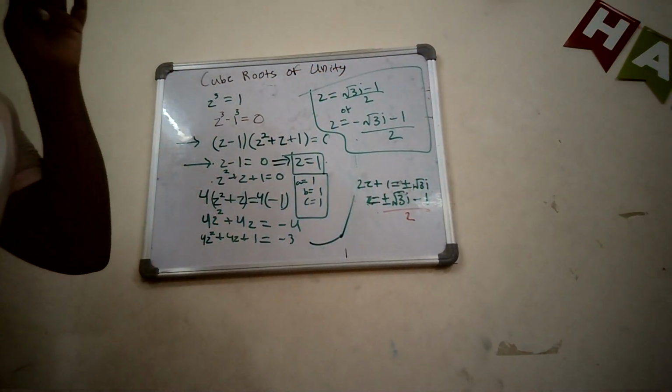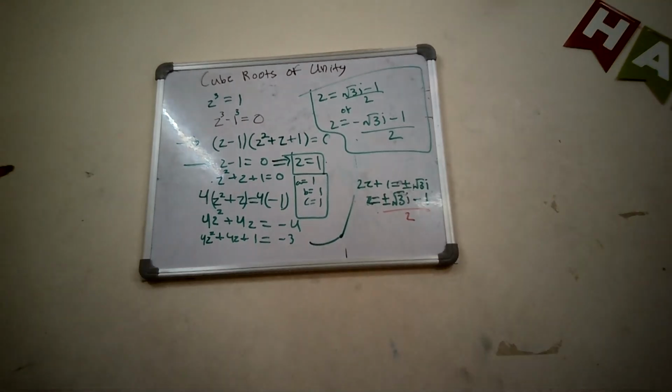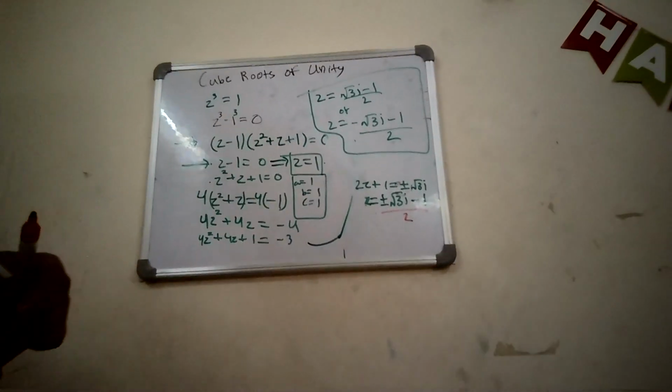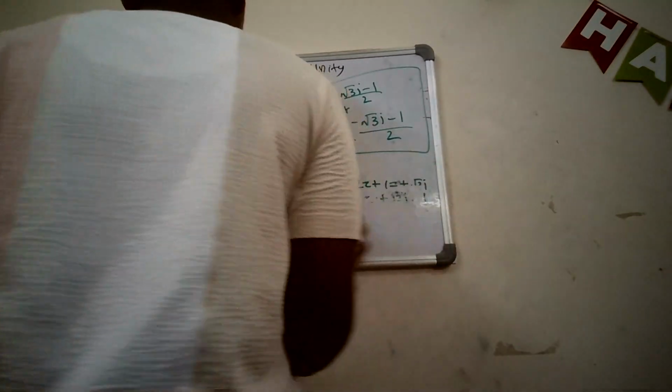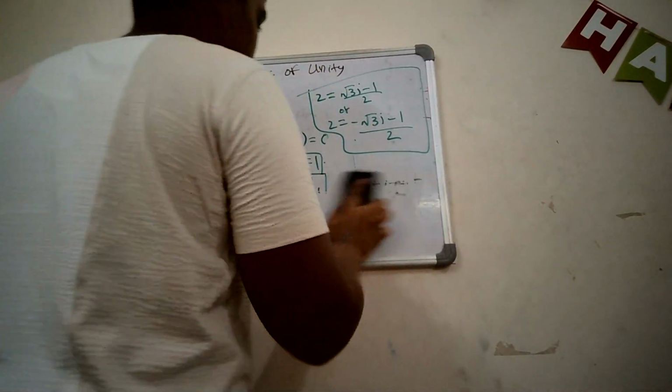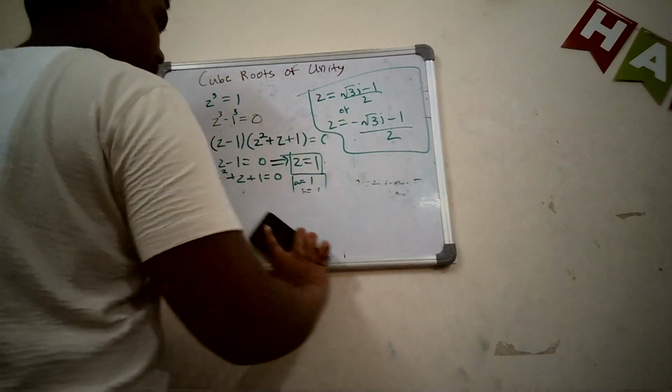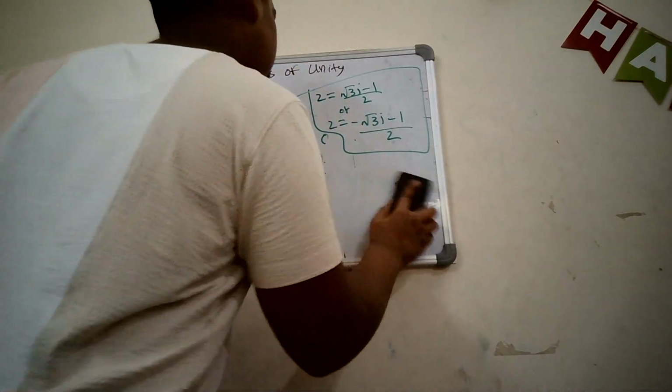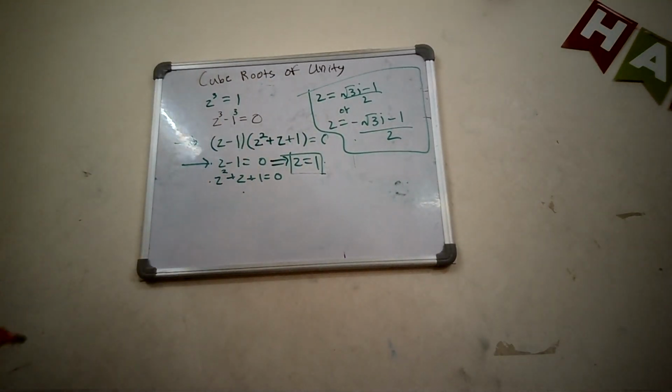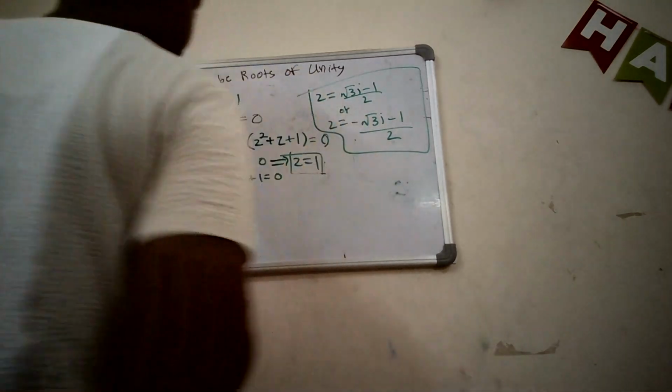And if you want, we can write it in the form of a plus bi. So let me erase all this so we can write the final solution. Okay? So what do we get here? We can write this.